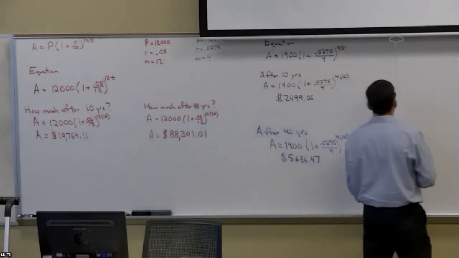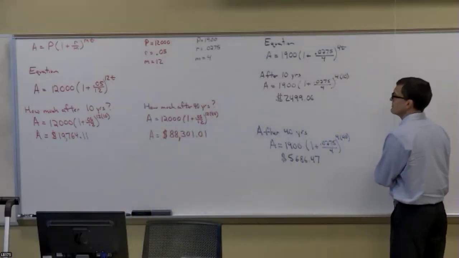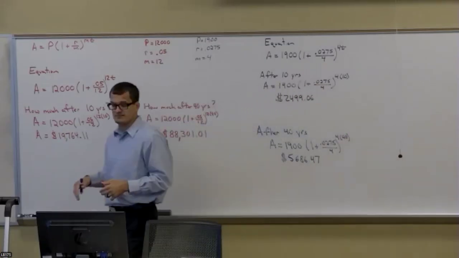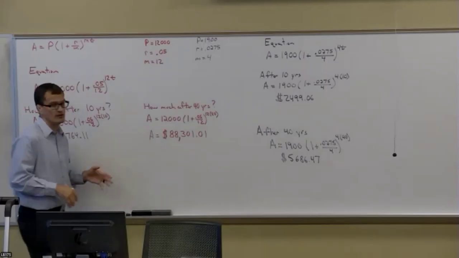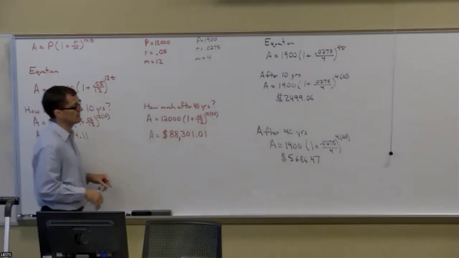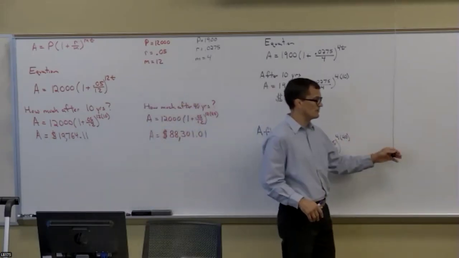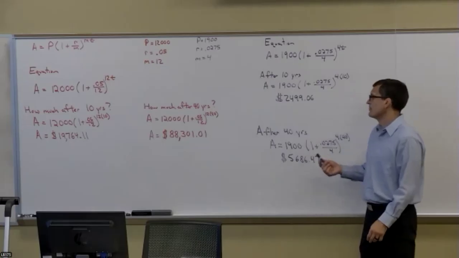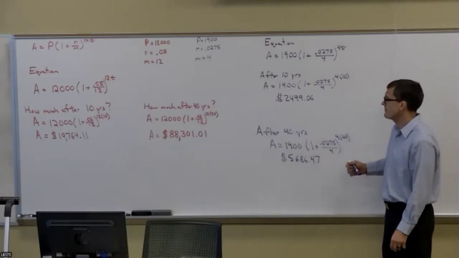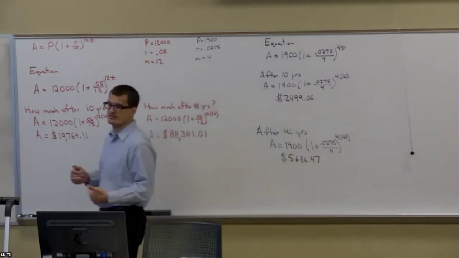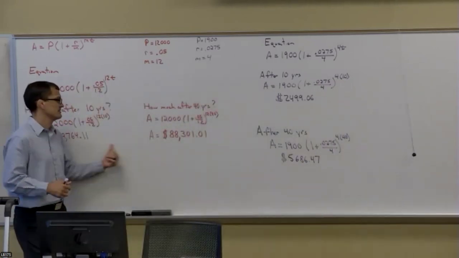By the way, if you wanted to look at some interesting numbers, you can play around with these for a long time. In other classes we mess around with the actual values. But I wanted to point out a couple of things. When you go from 10 years to 40 years worth of interest, that's a big difference.